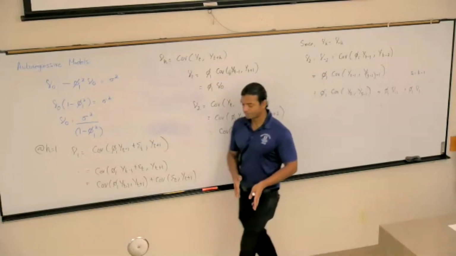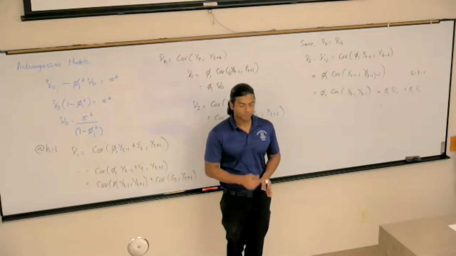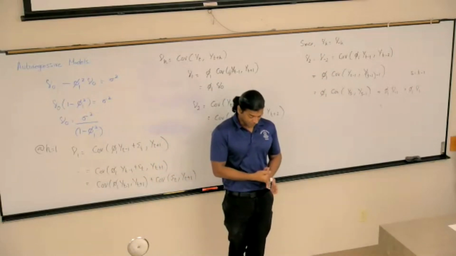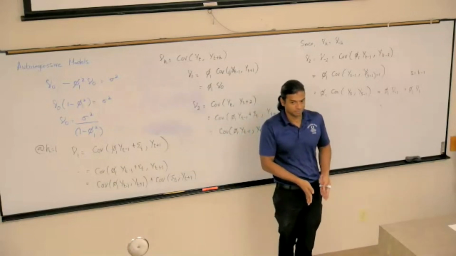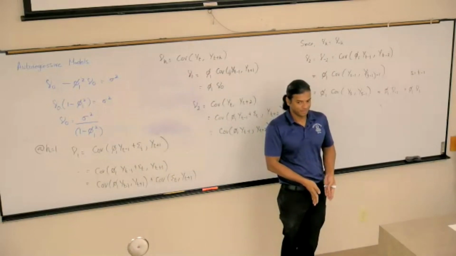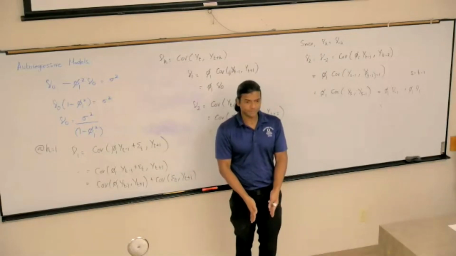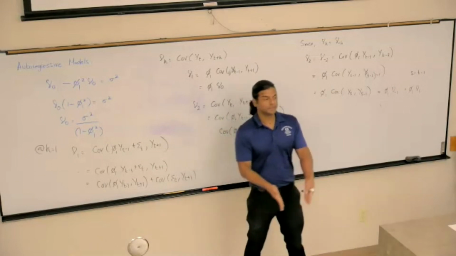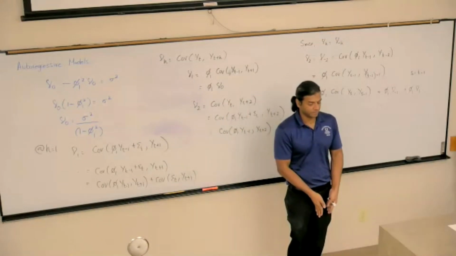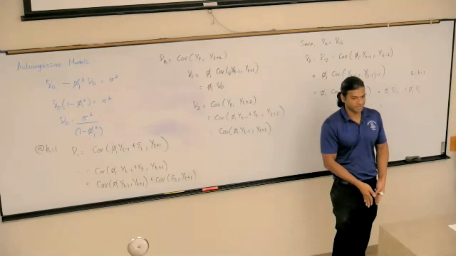If I said yt depends on yt minus 1, then intuitively yt minus 1 depends on yt minus 2. Do we agree? Yes, you with me? Yt depends on yt minus 1. Naturally, yt minus 1 must depend on yt minus 2, and yt minus 2 must depend on yt minus 3.